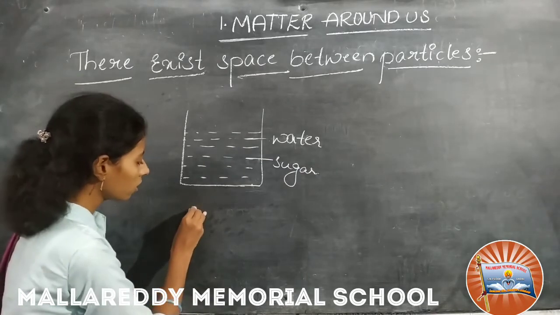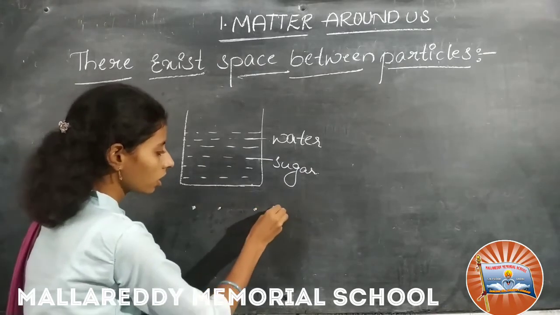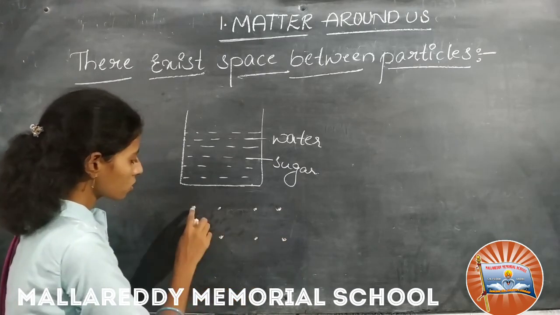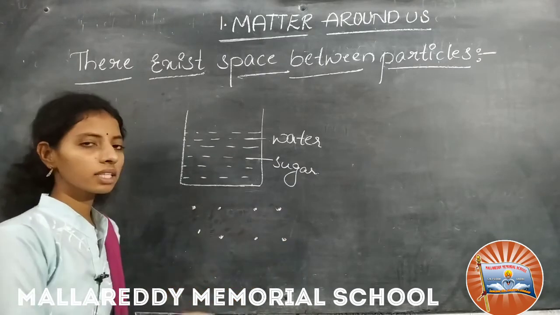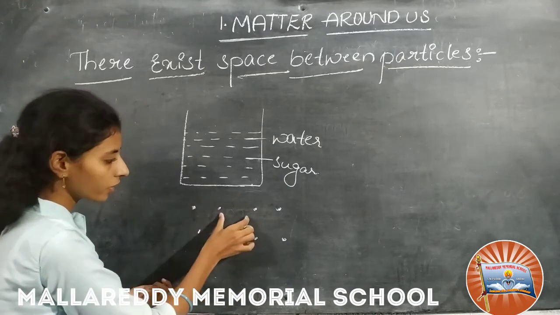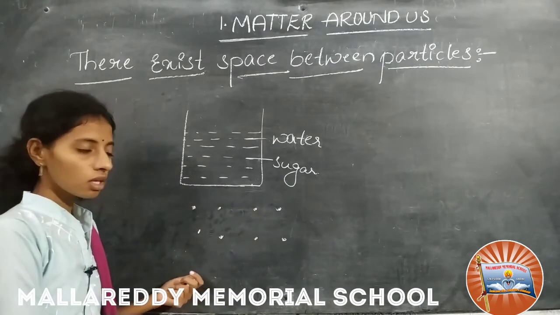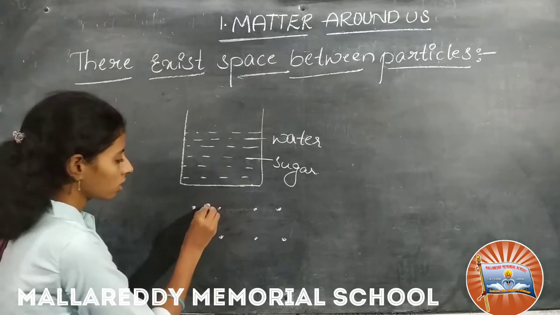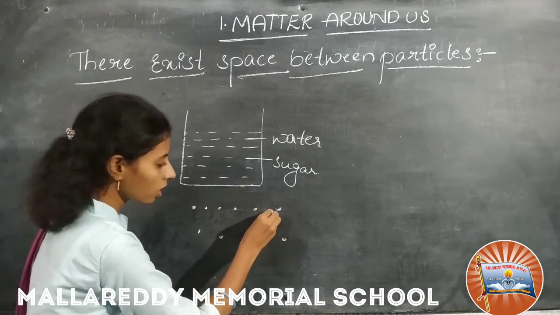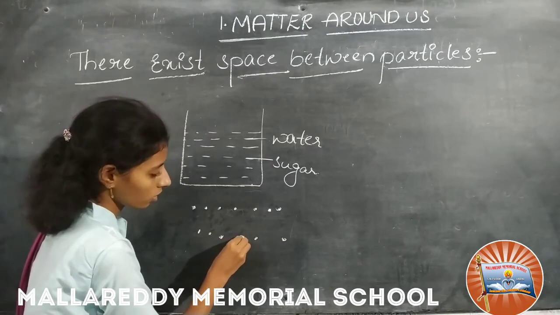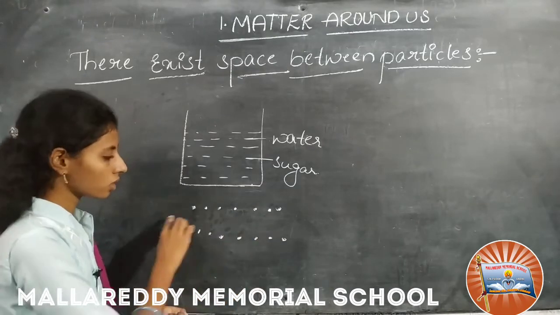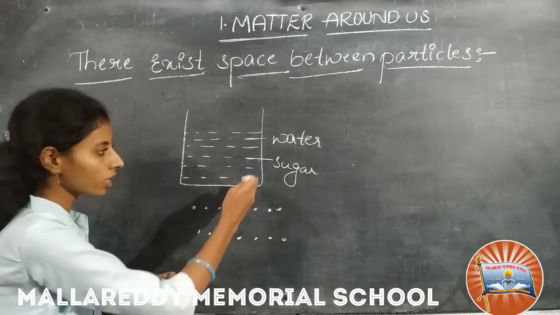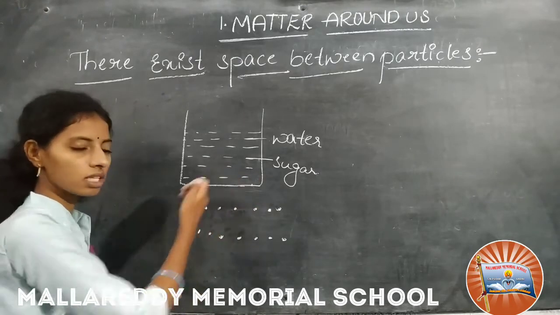For example, liquid particles are like this, so from one liquid particle to another there is space between them. When we add the solid, this space is occupied by the solid. That's why the solution is evenly dissolved, and we will not observe any sugar particles in this.